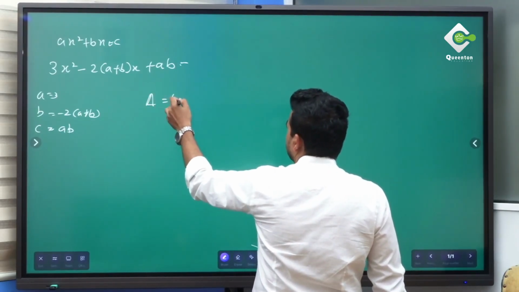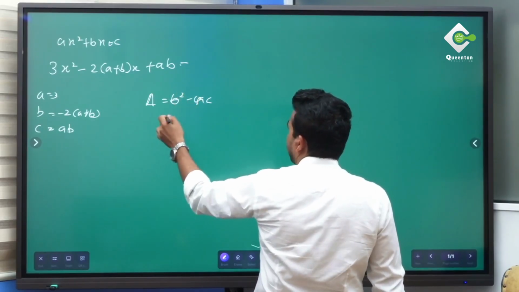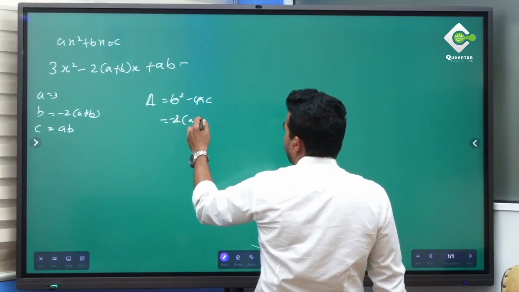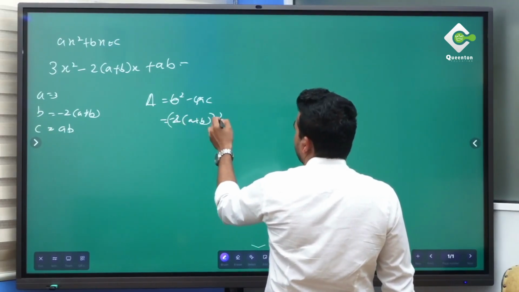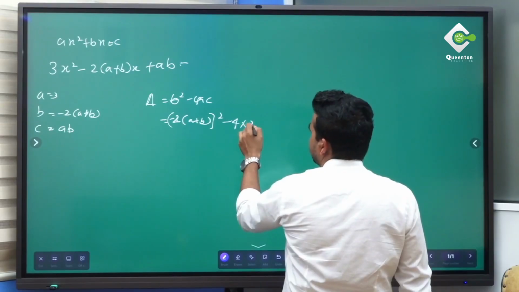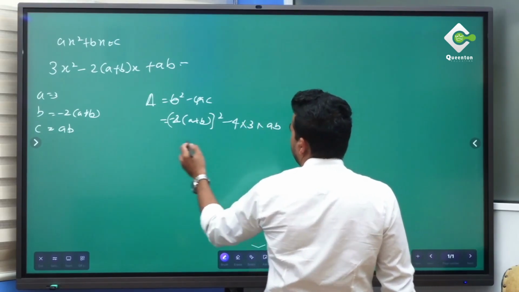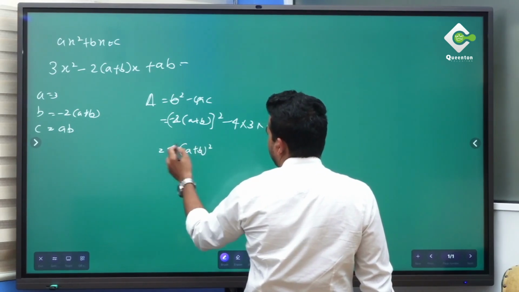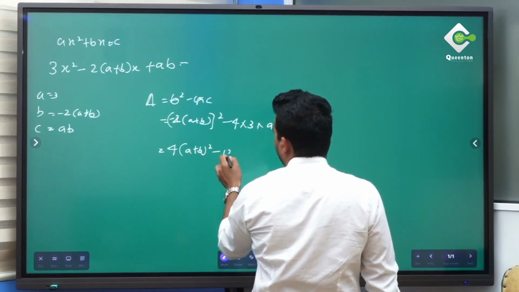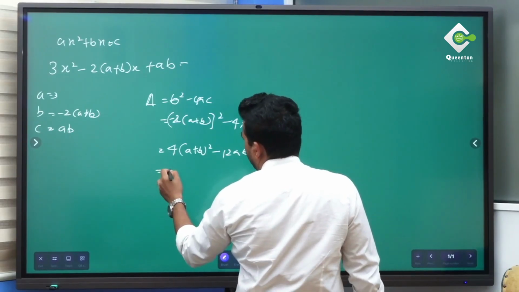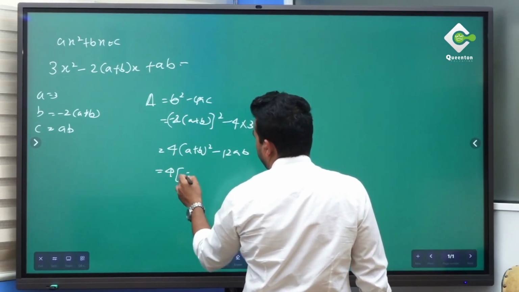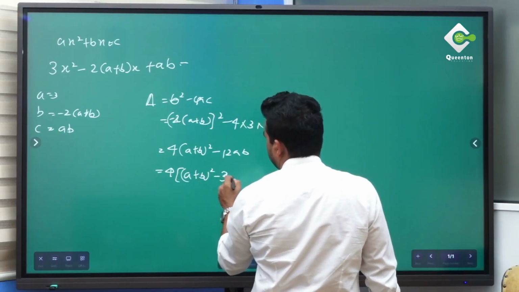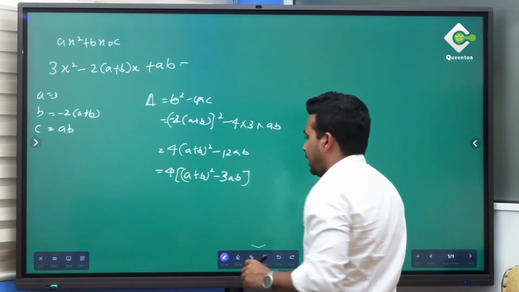Delta equals b squared minus 4ac, which is (2a plus b) whole thing squared minus 4ac, so 4(a plus b) squared minus 12ab. We can take 4 out of the bracket: (a plus b) squared minus 3ab.